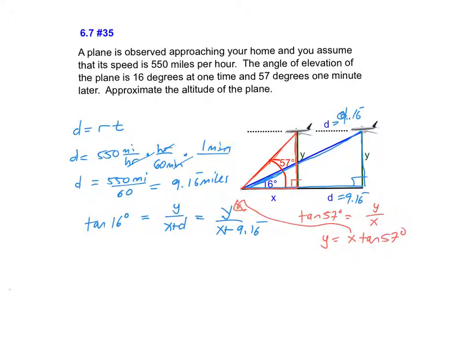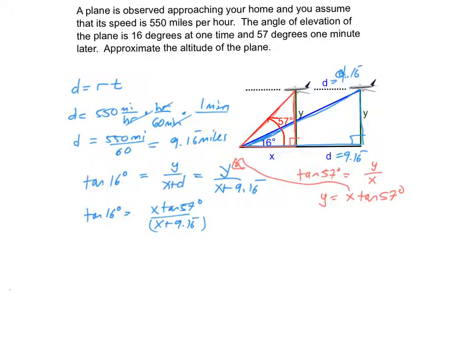When I do that, I'm going to get tangent of 16 degrees is equal to x tangent 57 degrees over x plus 9.16 repeating. I'm going to multiply both sides of the equation by the denominator, which is x plus 9.16 repeating, which is going to give me x times tangent of 16 degrees plus 9.16 repeating times tangent of 16 degrees is equal to x tangent 57.